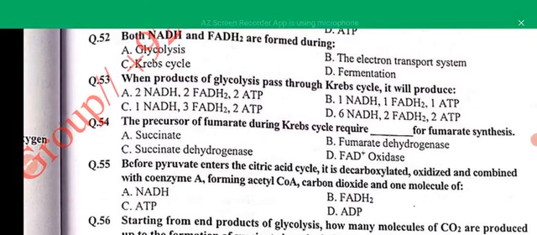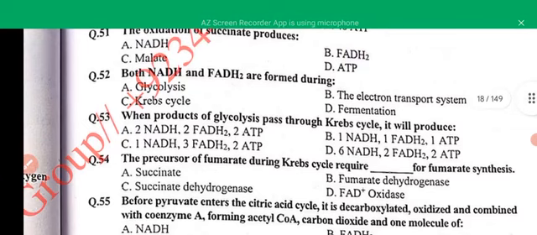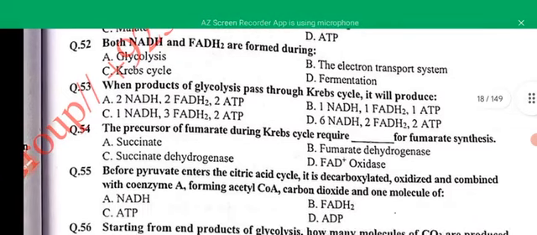Again, the precursor of fumarate during the Krebs cycle is required for fumarate synthesis.